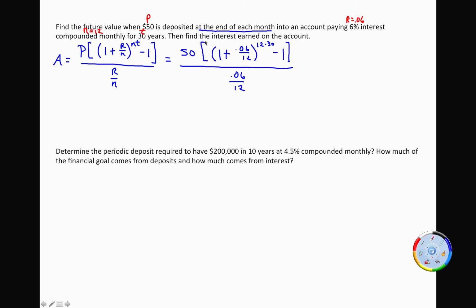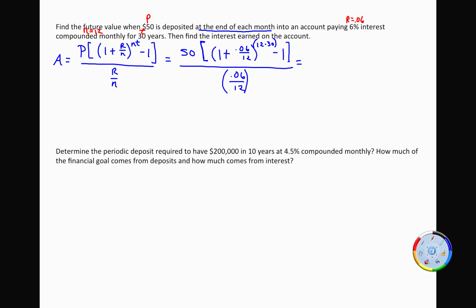Now these brackets, on your calculator just use your parentheses again, so you'll just hit the parenthesis sign twice here. Remember, you've got to have parentheses around this, and you don't necessarily have to have them around this. Your calculator knows order of operations, but usually we like to put them around there just for our own peace of mind. So I'm going to enter this formula in my calculator.